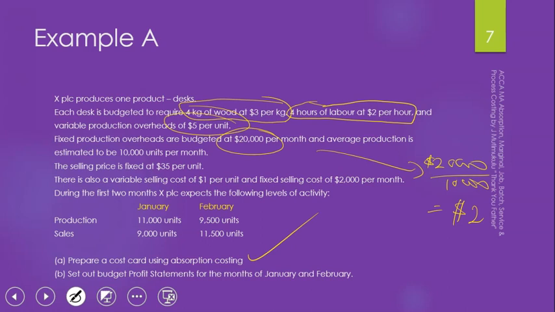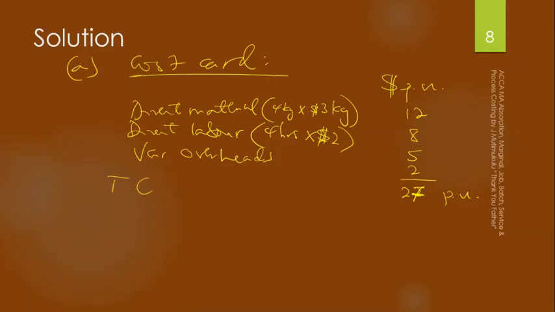And remember, we have to determine the selling price per unit so that we arrive at a standard profit per unit. And we are told that the selling price per unit is fixed at $35 per unit.